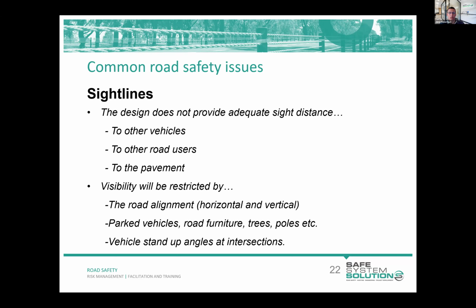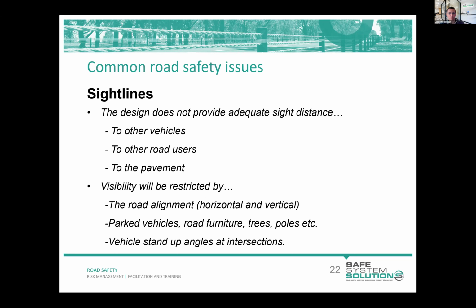It's often the case that sight distance is obstructed by roadside objects or by the road alignment. Horizontal curves with trees or other objects on the inside of the curve have limited sight distance. Vertical curves or crests limit your sight distance as well. Near intersections, you might have parked vehicles. Near the intersection, you might have road furniture like trees and poles and signs and letterboxes and all of these things that mean that you can't see as well as you'd like, and certainly these things contribute to crashes.